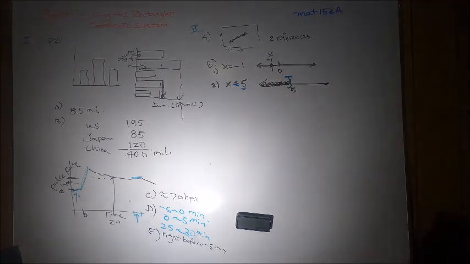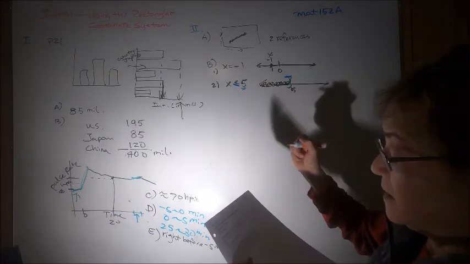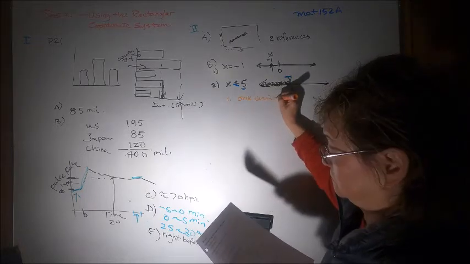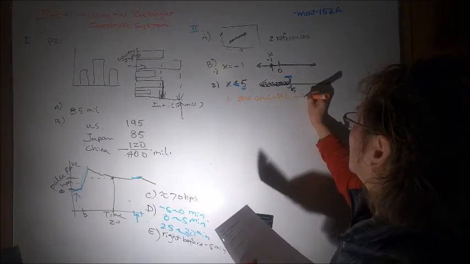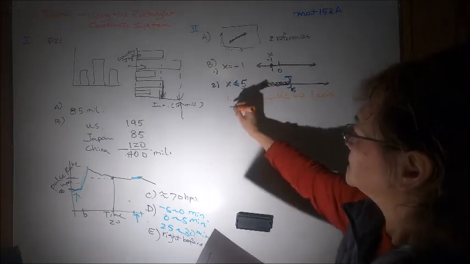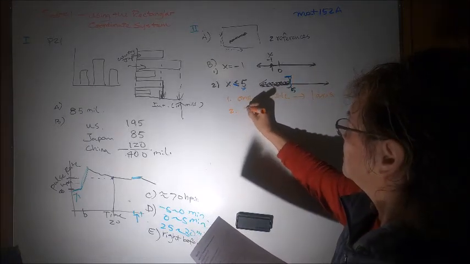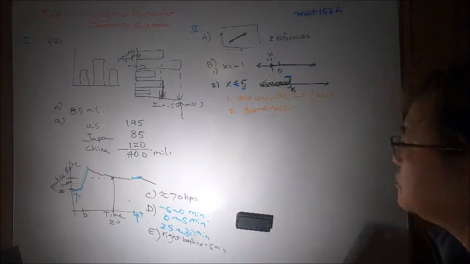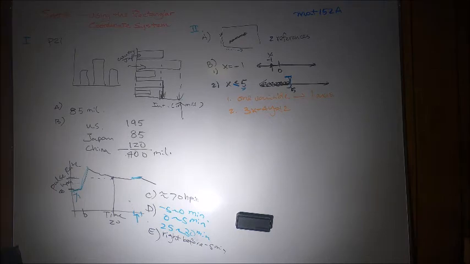So in general, that's what we said. If it's one variable, we need one axis, right? So one reference line. If I have 3x minus 4y equals 12, how many variables do we have there? 2.